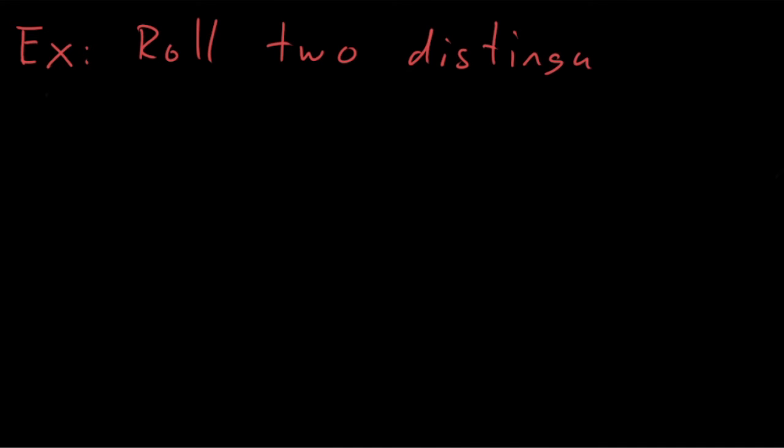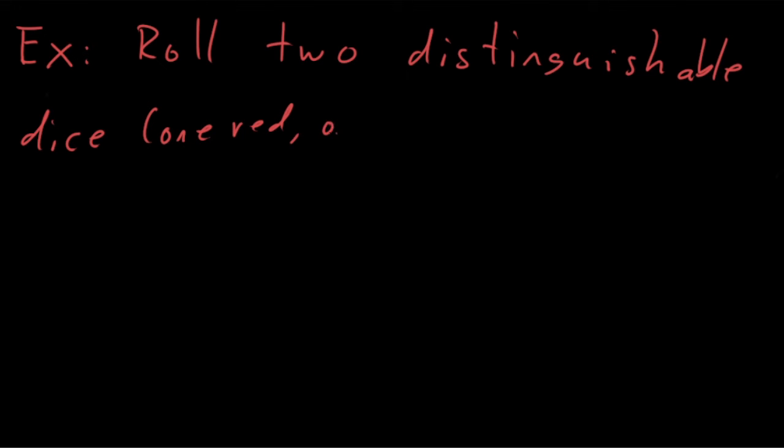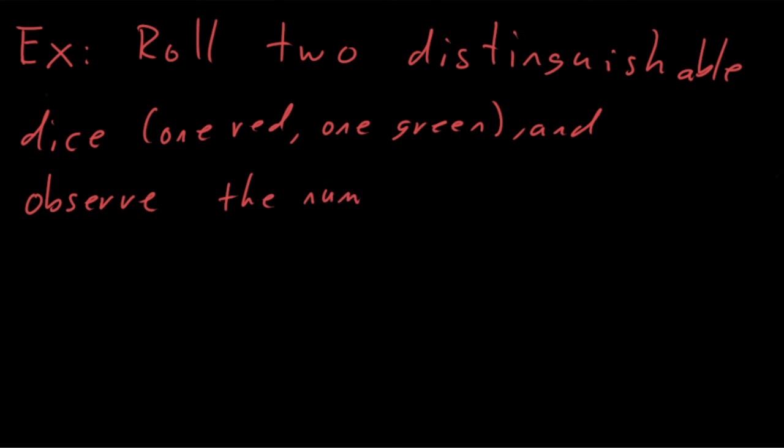Okay, so a quick example. Roll 2 distinguishable dice, 1 red, 1 green, and observe the numbers that face up.